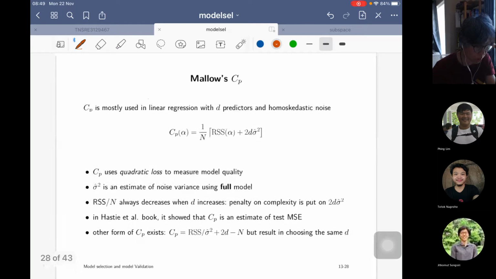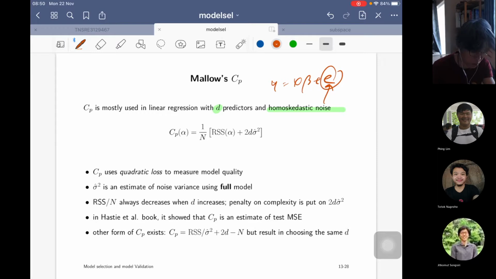Next, the next two scores are, as I said, typically applied in linear regression models. The Mallows Cp coefficient is used in linear regression. D is the number of predictors you use in the model, and the score is derived under the assumption that the noise corrupting the data in the DGP, the data generating process, is homoscedastic.